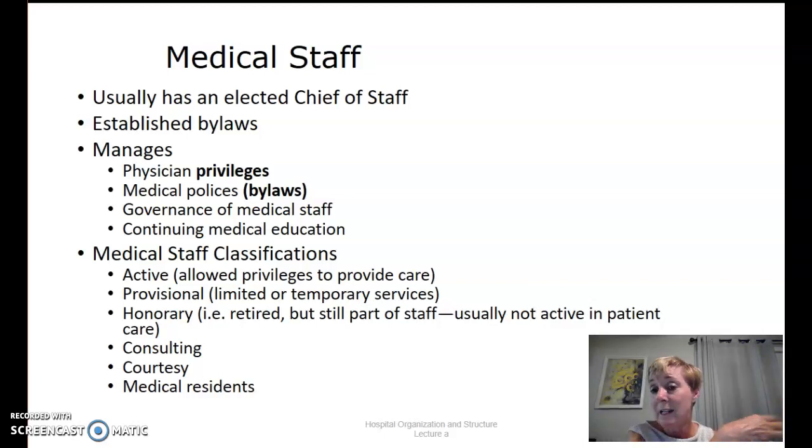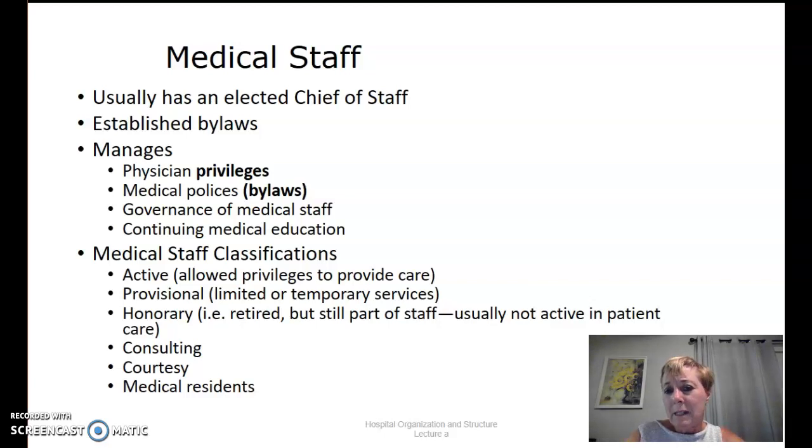You can't just take any doctor off the street and say, hey, I want to admit you to this hospital. No, they have to apply for privileges. They have to be approved, and their approval comes from the medical staff. They provide governance of the medical staff, and they also provide continuing education.